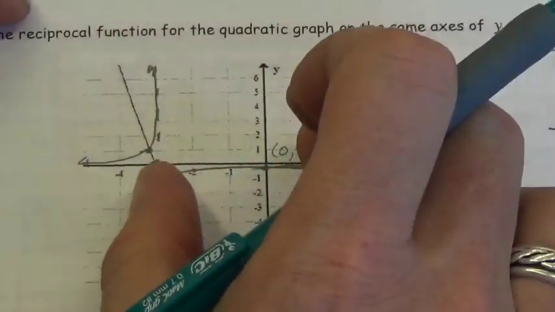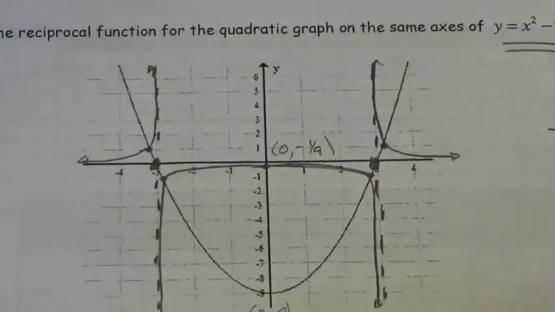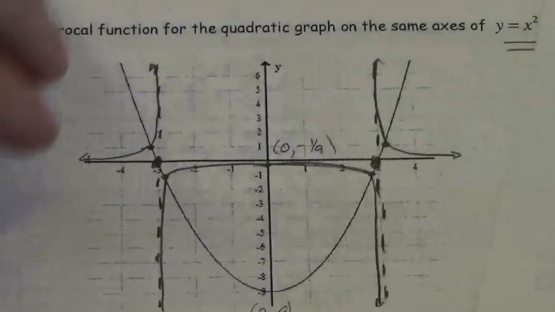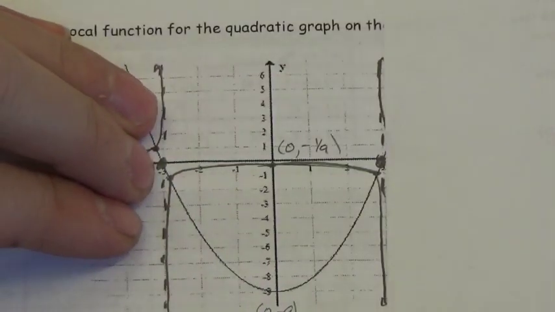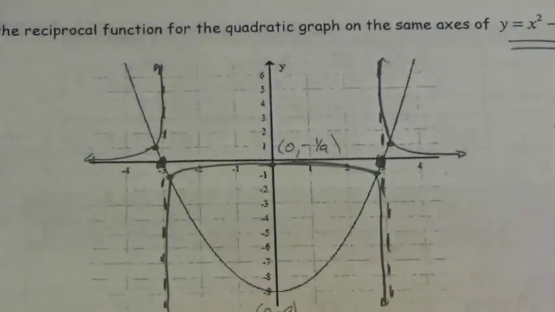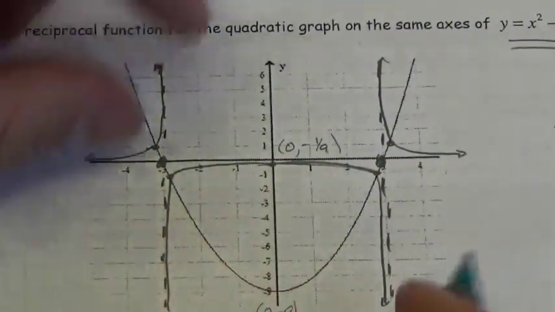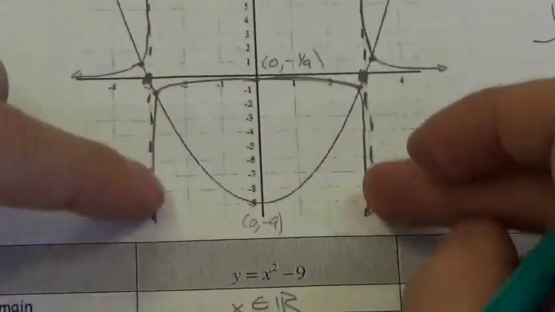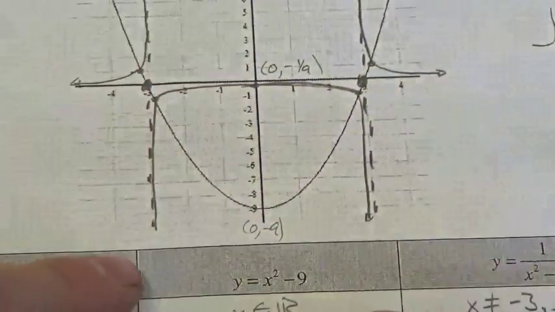There are 3 distinct parts to this graph here. There's the left side of that asymptote, there is the right side of that asymptote, and then there's the graph in between those two asymptotes. Now, in between the two asymptotes, the graph moves down. The graph is going to shoot down to infinity.